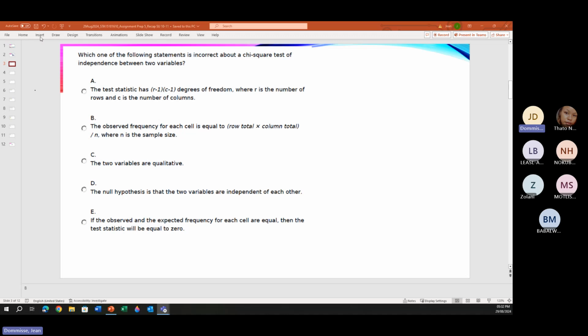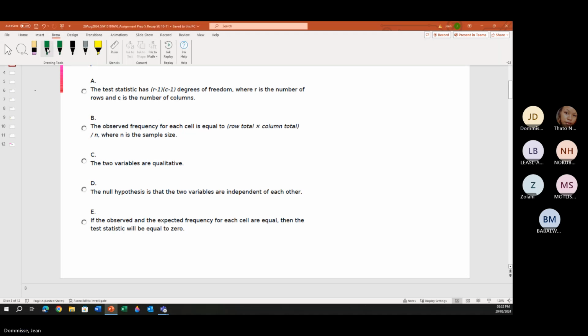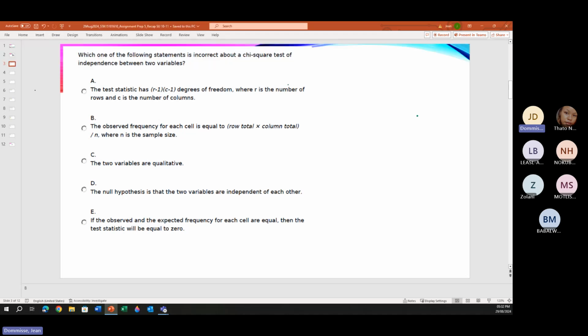This is a question around chapter 10, the chi-square test, and the question is: which one of the following statements is incorrect? Remember, there are nearly always 4 or 5 things that we can remember from the chi-square test.